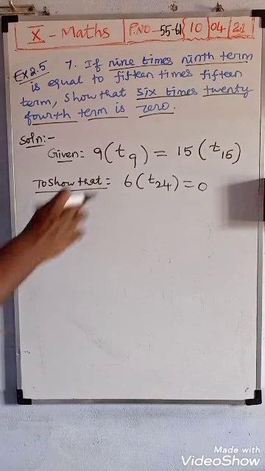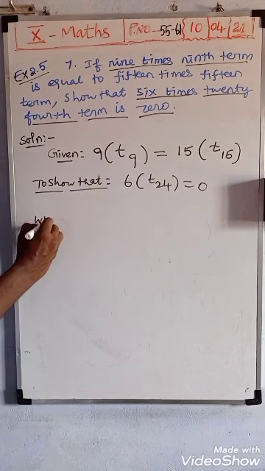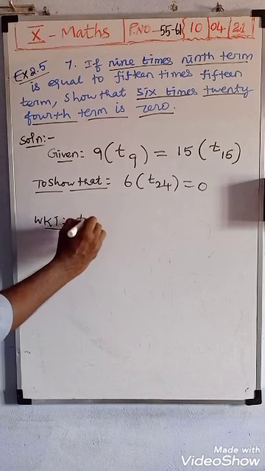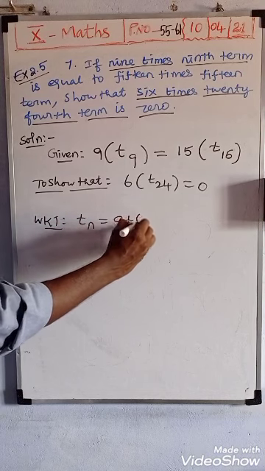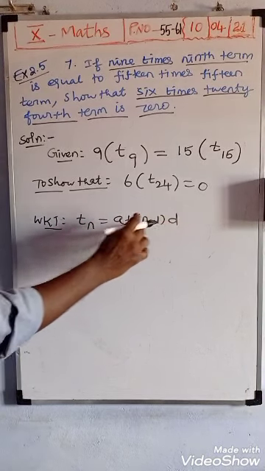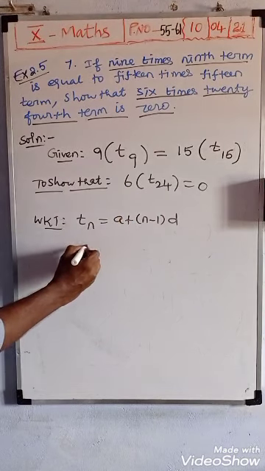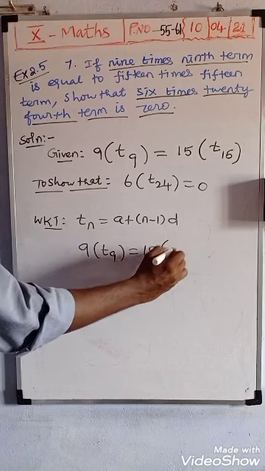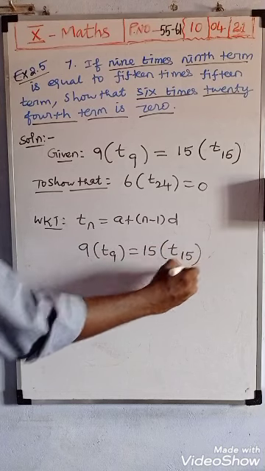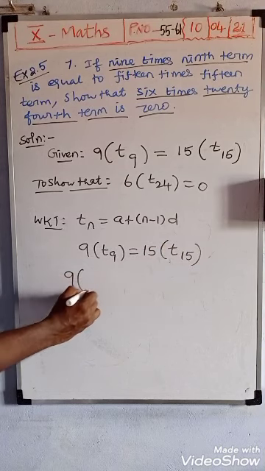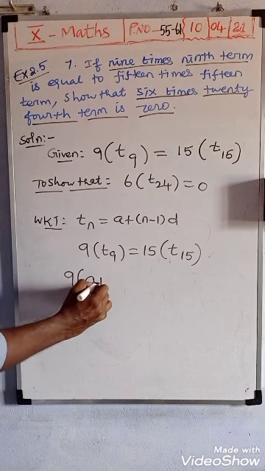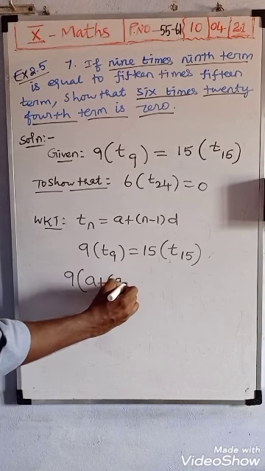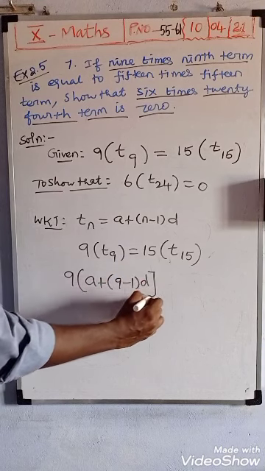Using this result, first we know the Tn formula, a plus n minus 1 into d, so we apply this formula here. 9 of T9 is equal to 15 of T15. So 9 of a plus, instead of n, 9 minus 1 into d, close the bracket.